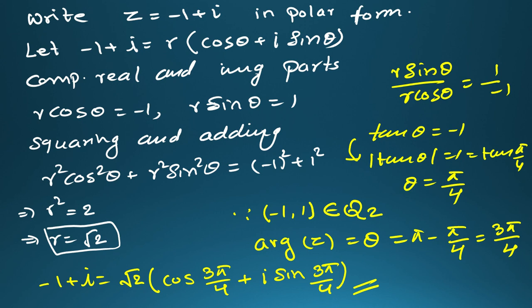Now similarly you can have a question like this: write the number in the polar form, and the number is minus i. So what will you do in this case? Write it in the proper complex form, 0 minus i. So here a is equal to 0 and b is equal to minus 1.